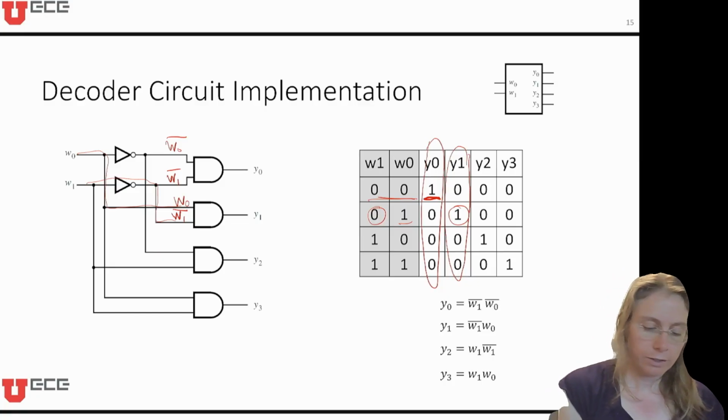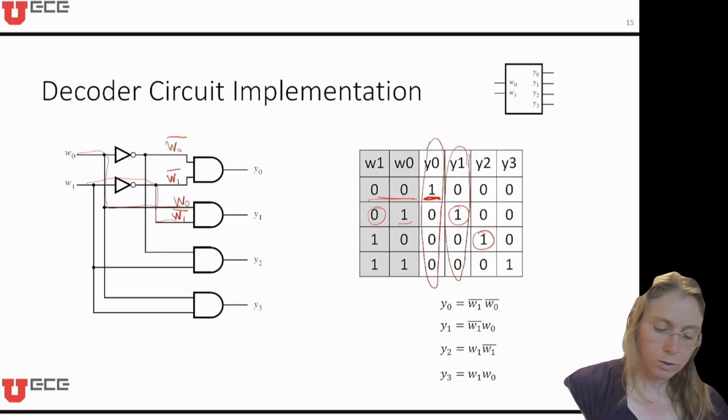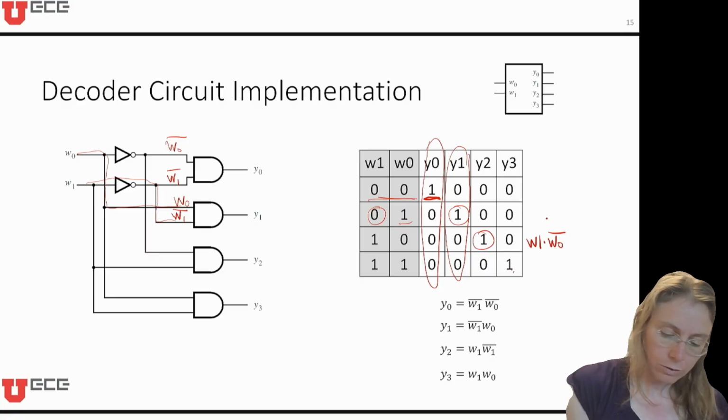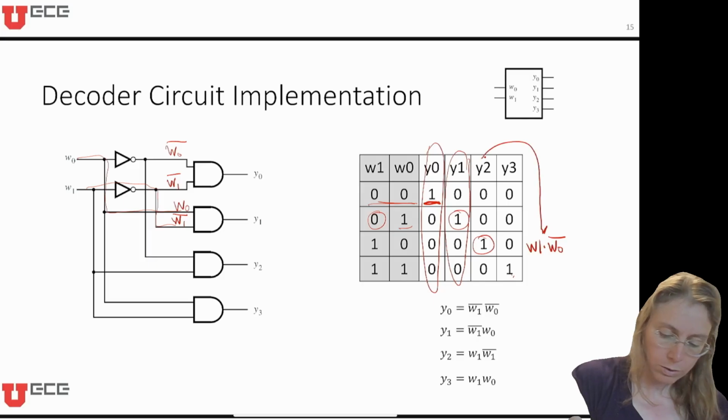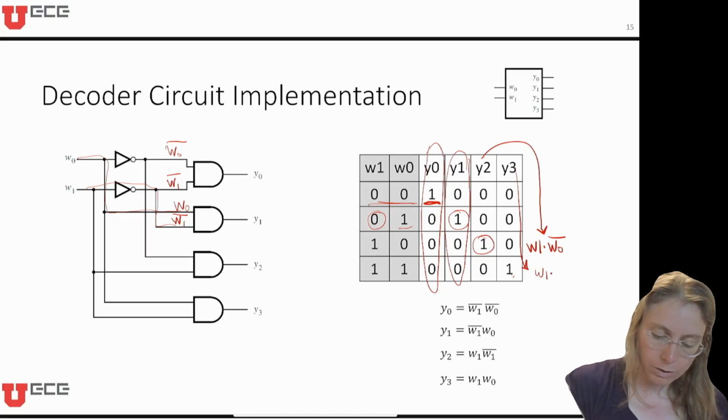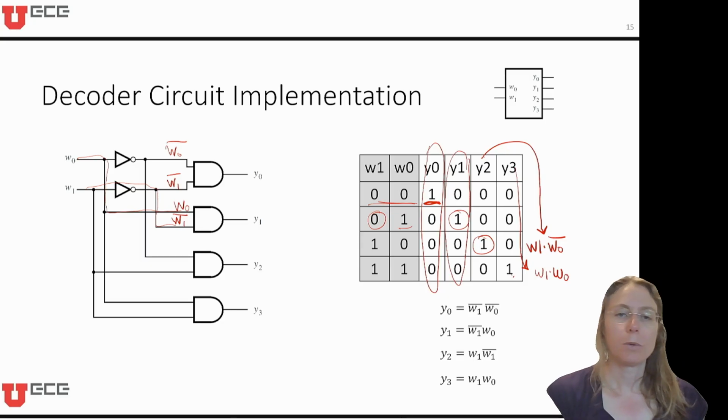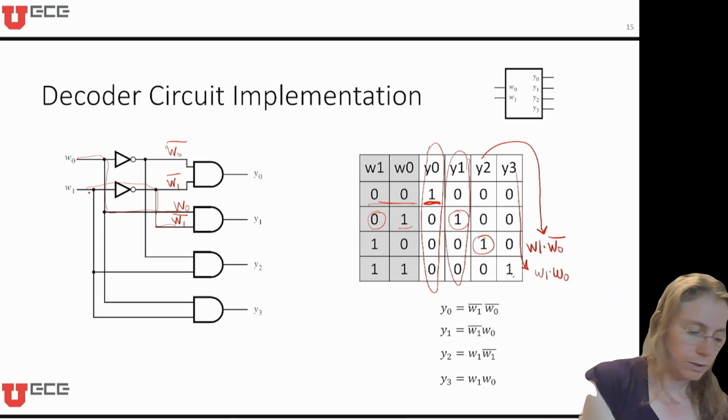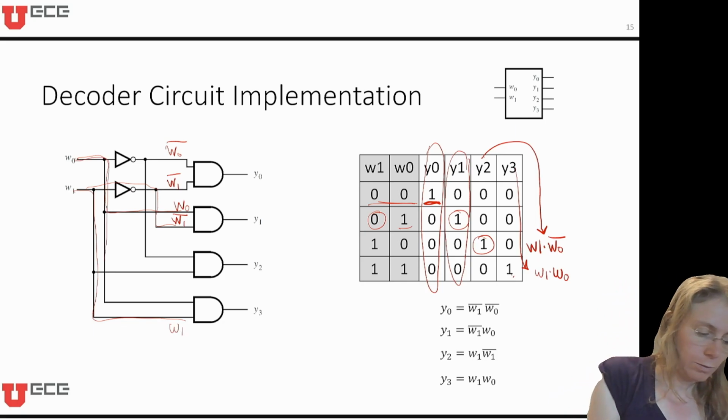And then similarly for Y2, it'll be when we have W1 and not W0. And then Y3 will be when W1 and W0 are both true, or both 1. So we're sending down W1 and W0.